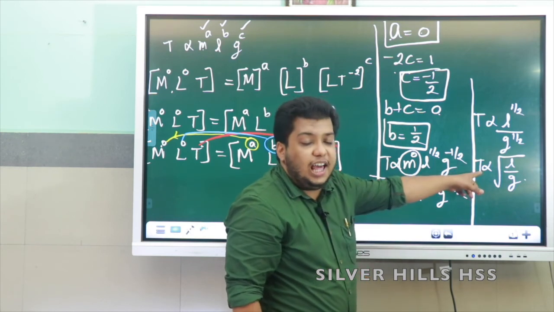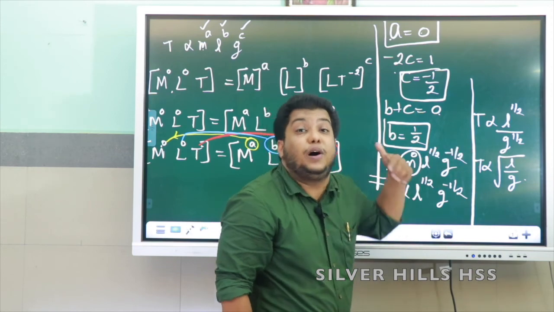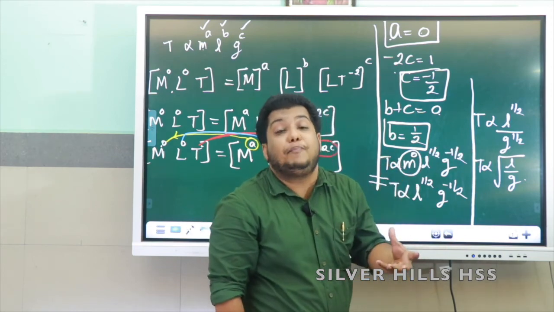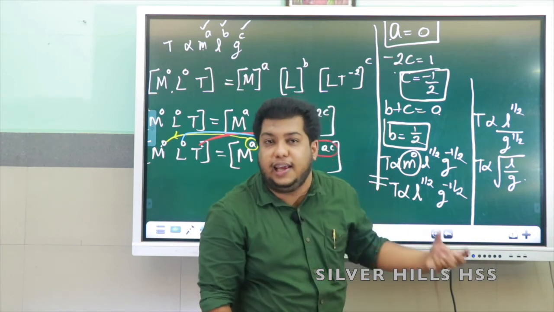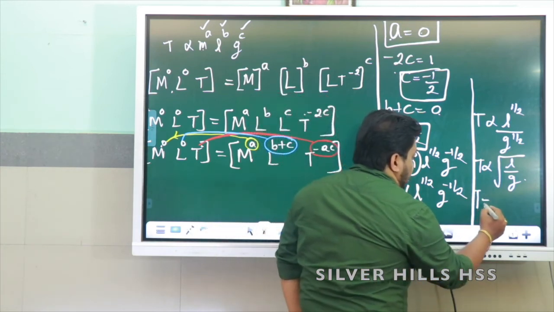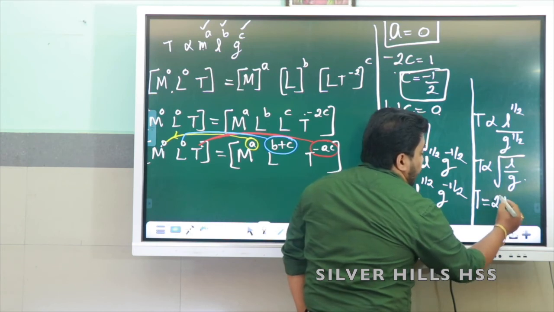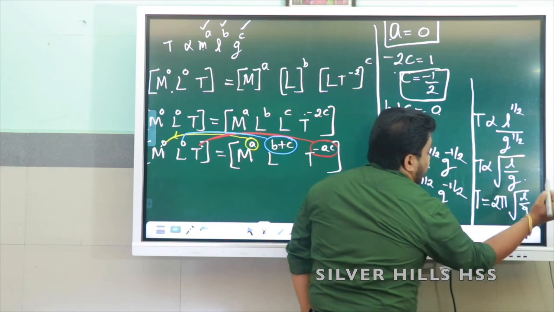Here this proportionality should be converted into an equation. To convert proportionality into an equation, we have to multiply it with a constant. The value of the constant here is 2 pi. So T is equal to 2 pi root L by g.